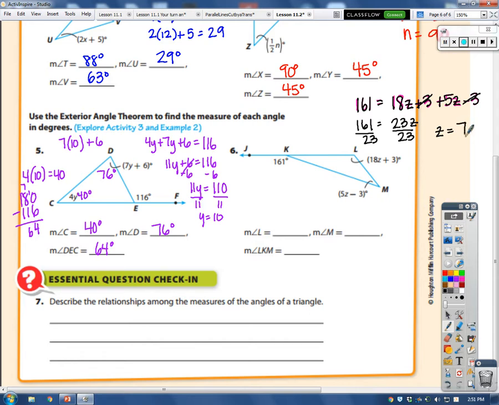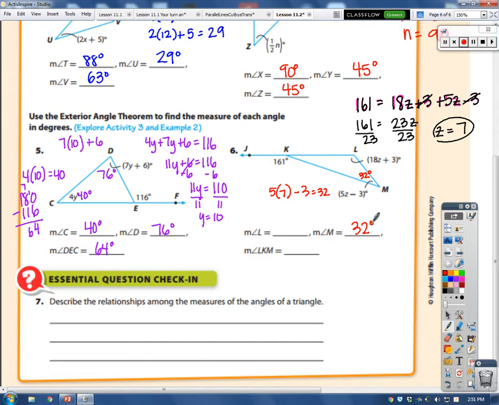Okay? So now that I have the value of z, I need to plug that back in to these expressions and figure out what my angle measures are. So I've got 5z, which is 5 times 7 minus 3. 5 times 7 is 35, minus 3 is 32. So this measure right here is 32, and that is our measure of angle M. So the measure of angle M is 32 degrees.